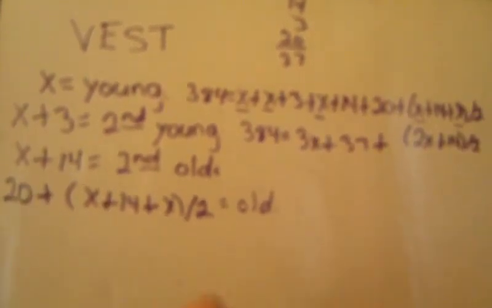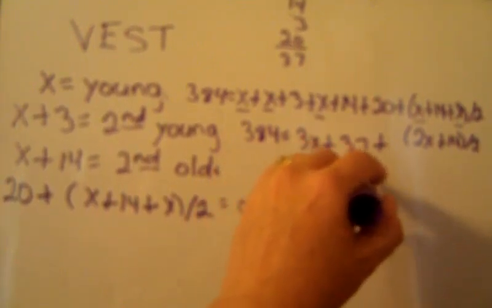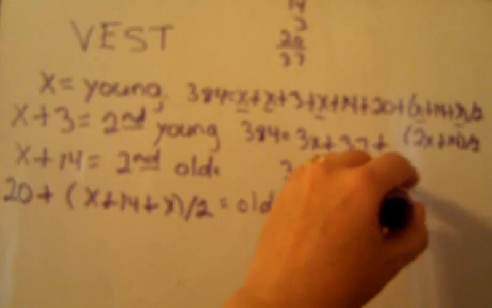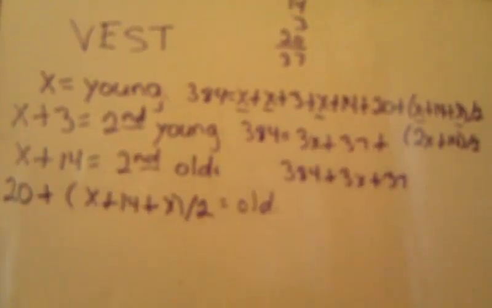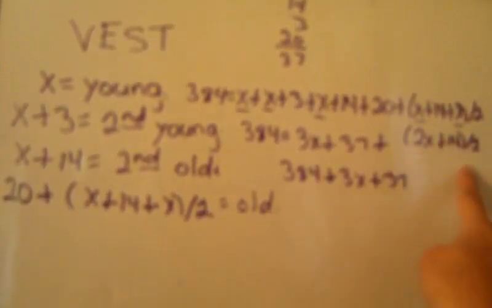So I have 384 equals 3X plus 37. Now, we've used the distributive property to multiply. We're going to use it to divide. I have to divide each of these by 2.